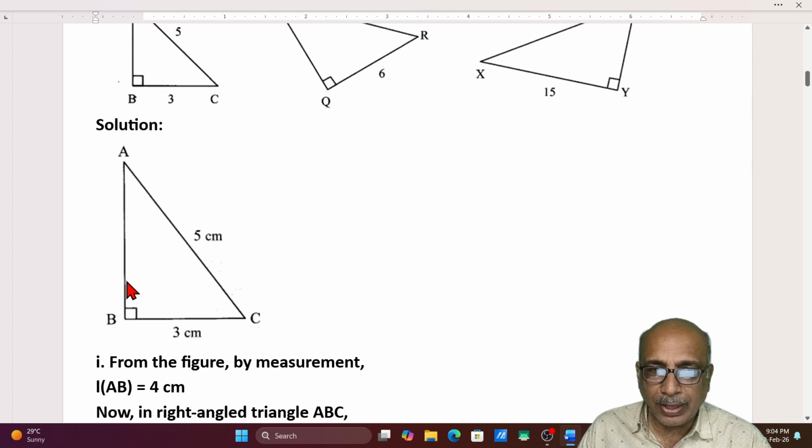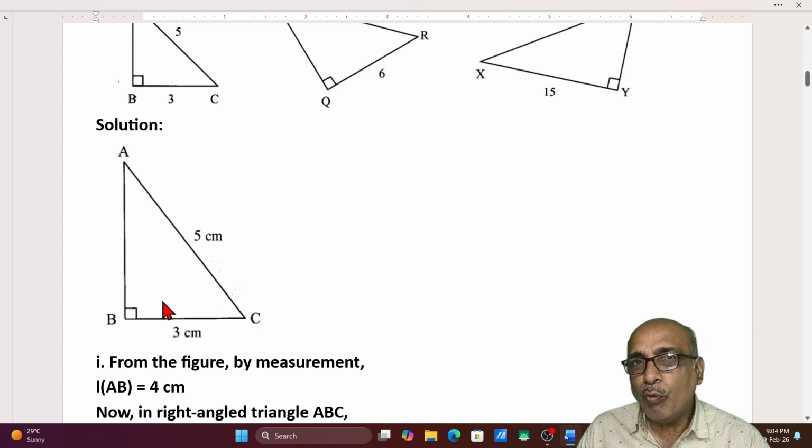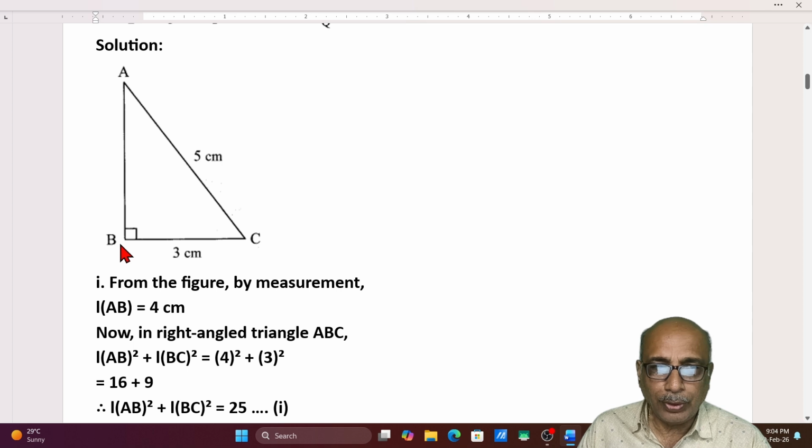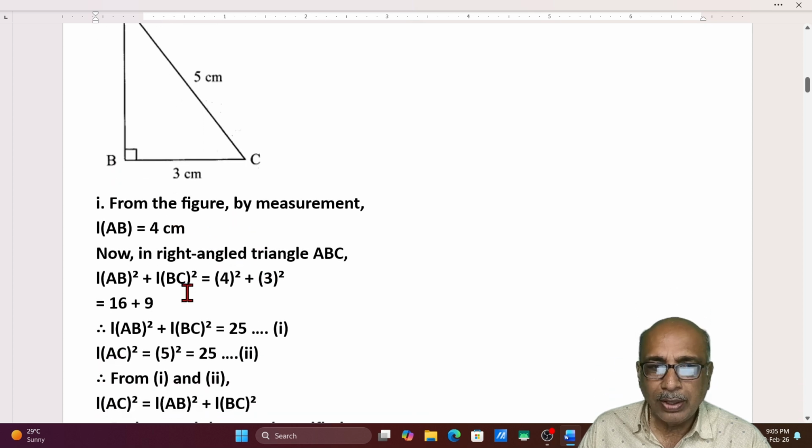Now measure the length AB. You will come across it equals 4 centimeter. When you take BC as 3 centimeter and AC as 5 centimeter and you measure the remaining side, you will get 4 centimeter. From the figure by measurement, length AB equals 4 centimeter.